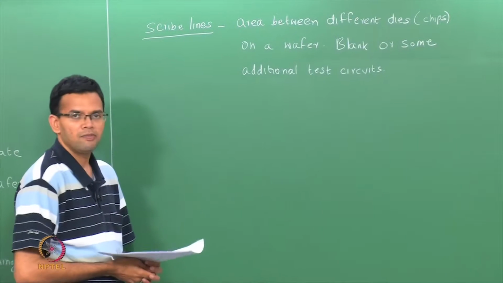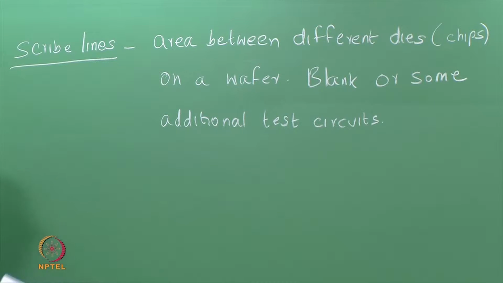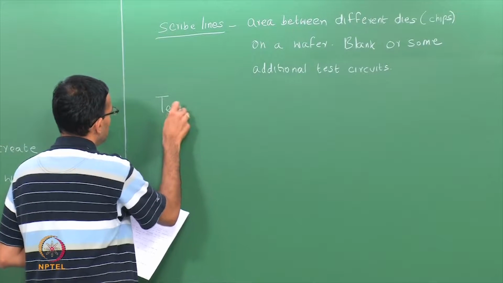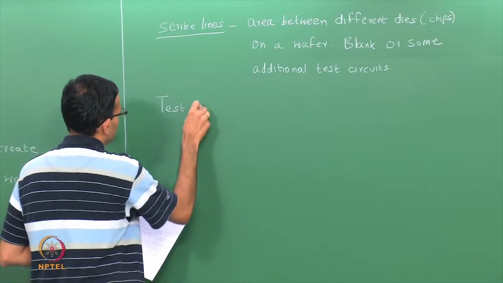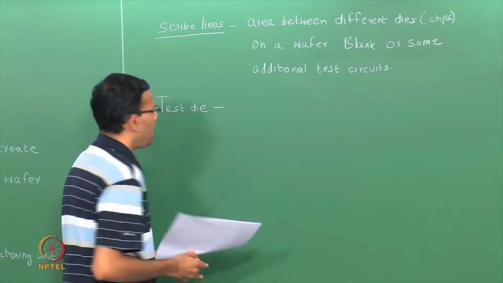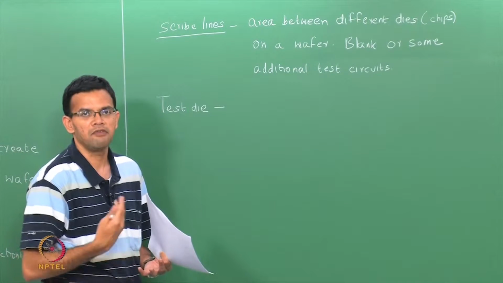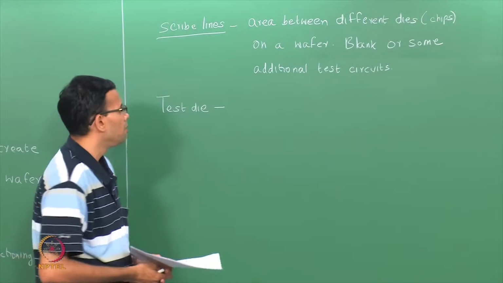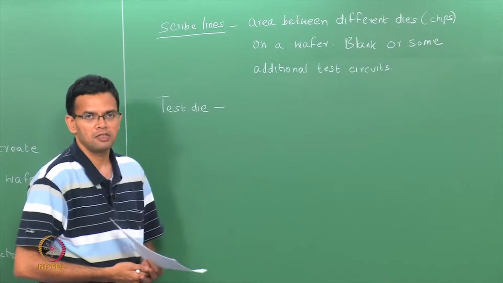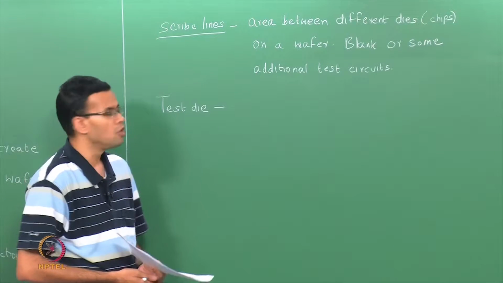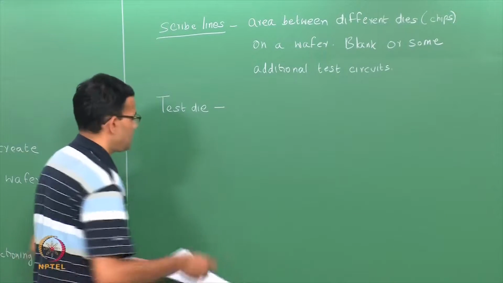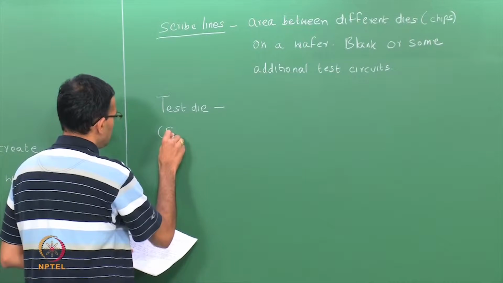Apart from the die, you also have things that are called the test die. So, the die originally refers to the product which is finished and which has to be marketed, but along with those dies which are your product dies, you may also have things that are called test dies or engineering dies.